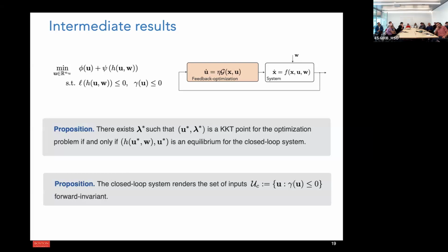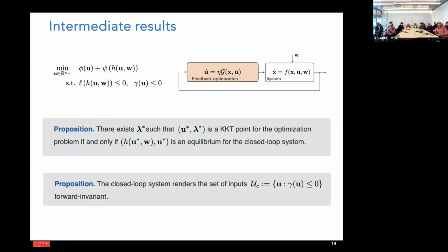Before, let me just state one intermediate result. So we are looking at this interconnected system, right? Again, this dynamics with the controller that I showed with this particular coefficient eta. And I have this problem. So first of all, I'm creating this connection between equilibrium points of this closed loop system and KKT points of this interaction problem.